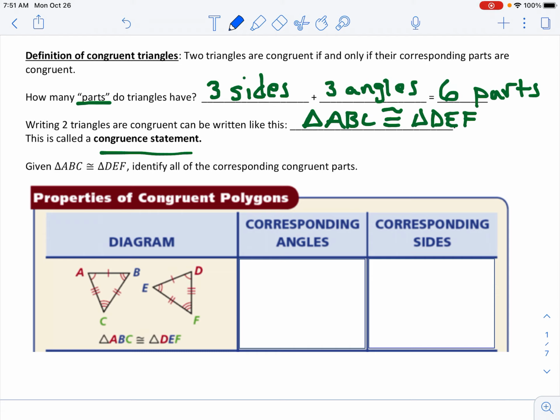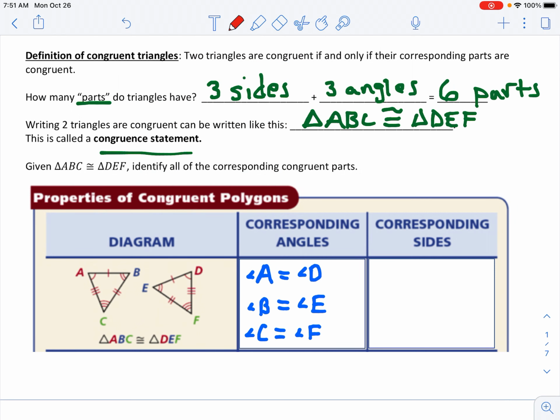Angle A has one little curl mark, so it has to be equal to angle D. They go together, they have one curl. Angle B has 2 curl marks, so that goes with angle E. Angle C has 3 curl marks, so that goes with angle F, which has 3.